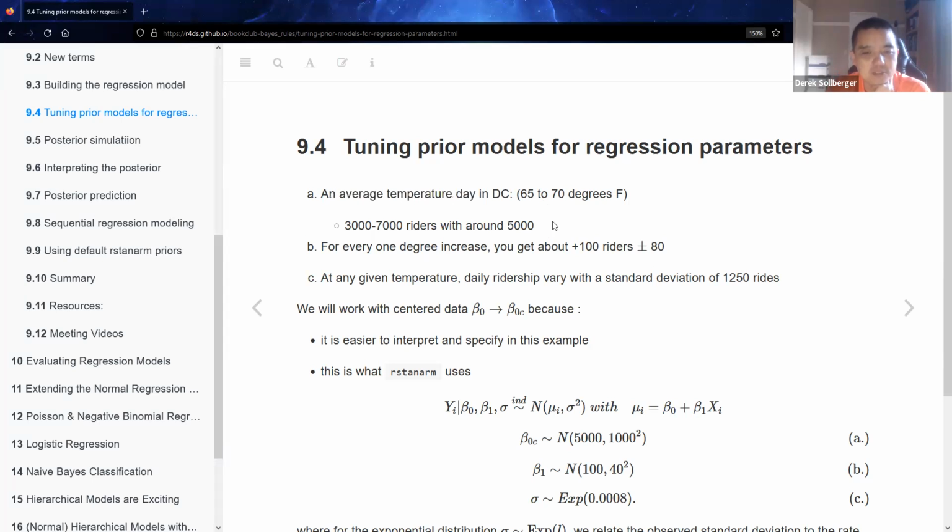An average temperature day in Washington, D.C. is maybe between 65 and 70 degrees Fahrenheit. We have a rough range between 3,000 and 7,000 riders, which would put the mean around 5,000. I'm thinking, say, a uniform or normal distribution.